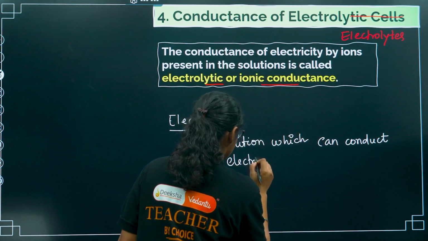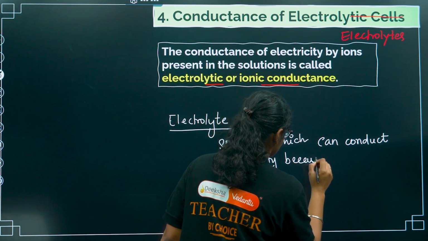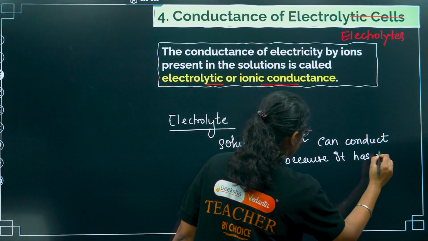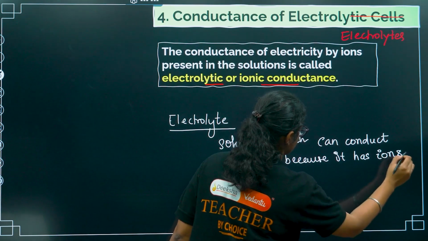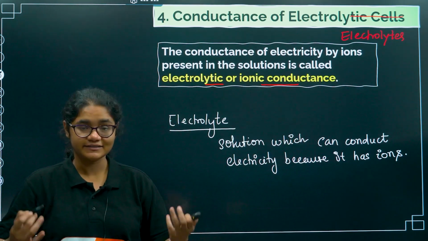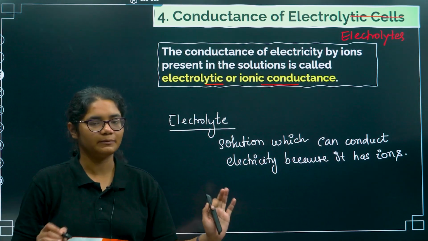Why does it conduct electricity? Because it has ions. So we are going to study how an electrolyte conducts electricity, how much it will conduct, and what factors affect it. All these things we will cover now.